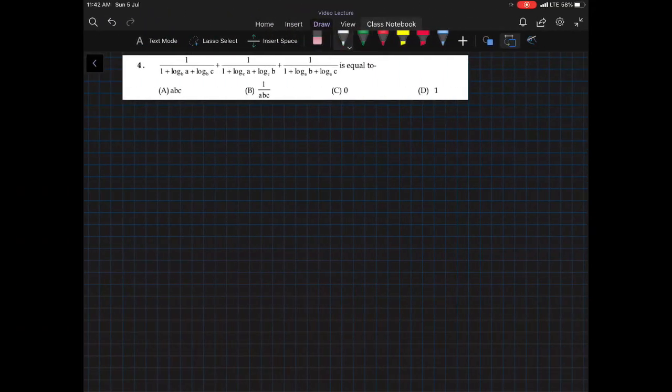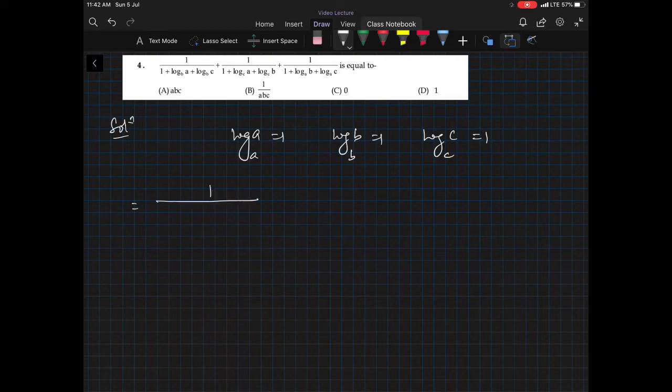In this question number 4, we are going to solve by using this property, that is log a base a is equal to 1, log b base b is equal to 1, and log c base c is equal to 1. So we are using this property in the above equation given in 4. So here you can observe log a base b, log c base b.